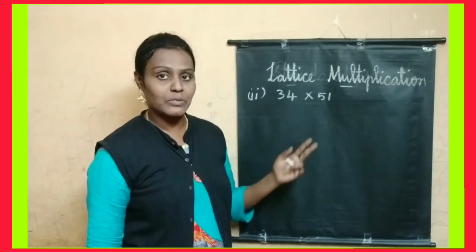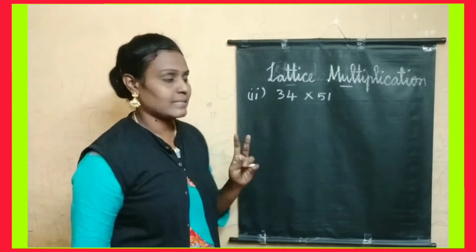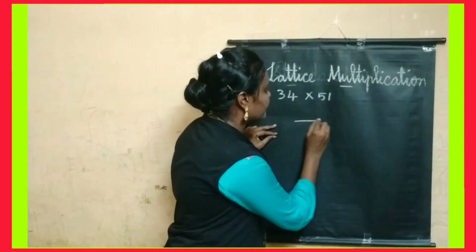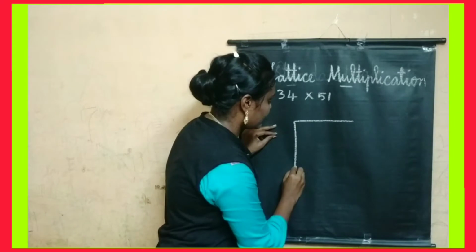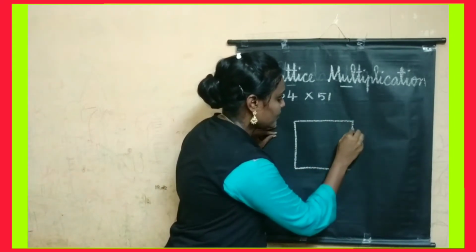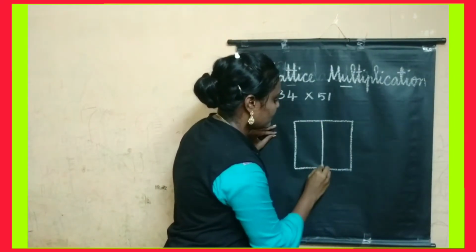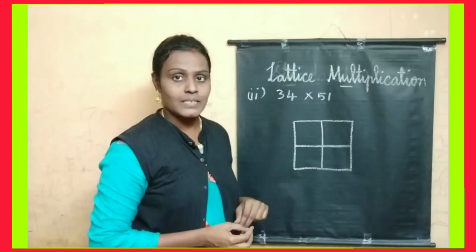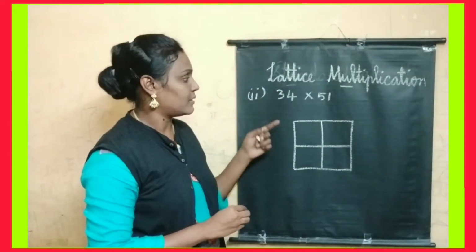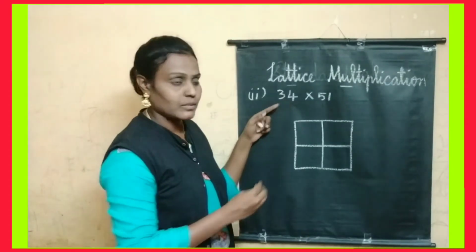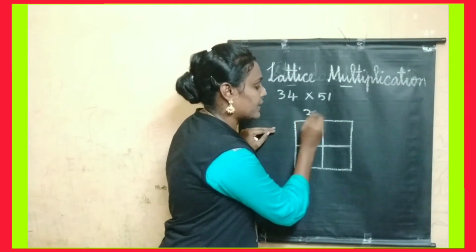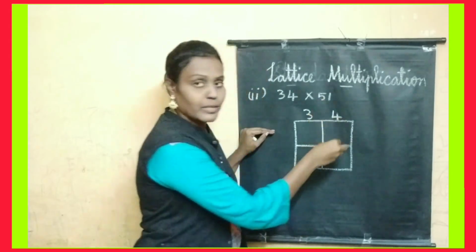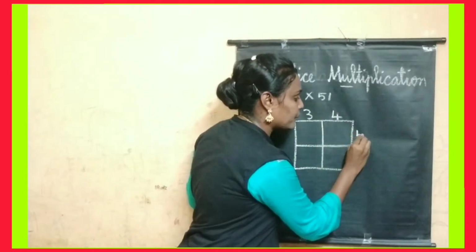So we have to draw 4 squares. Next, we have to write the numbers. First, 34, the multiplicand, on top, and then 51 on the side.